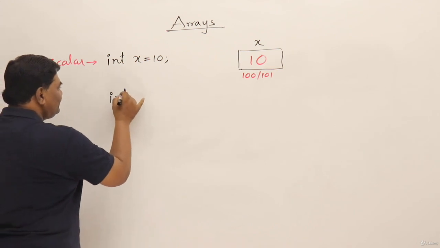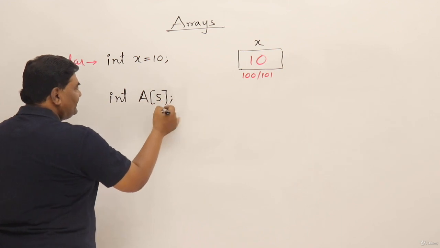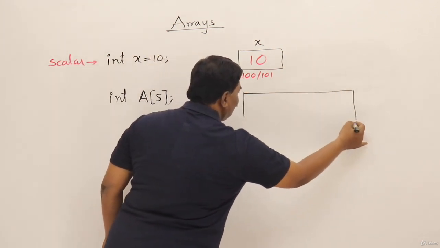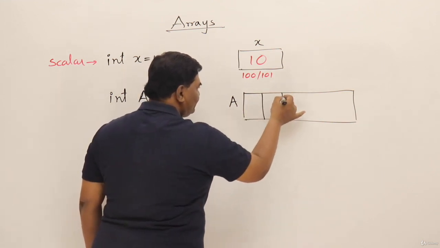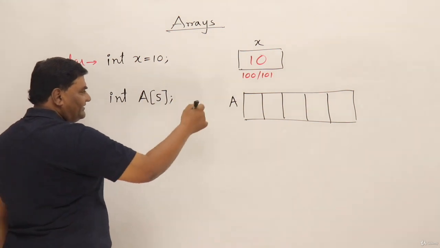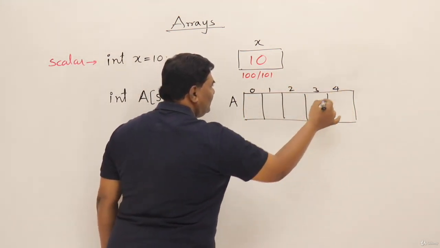Let us say I want an integer type array, the name is A and the size is 5. So this will give me an array of size 5 where I can store 5 integers, and the indices are 0, 1, 2, 3, 4.